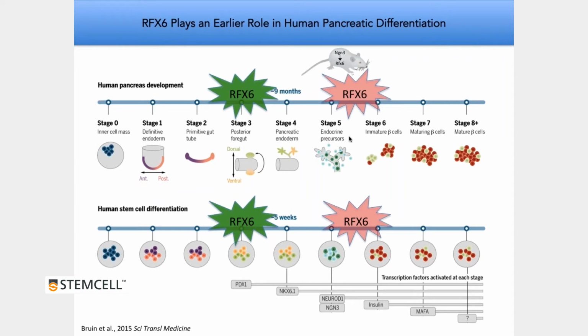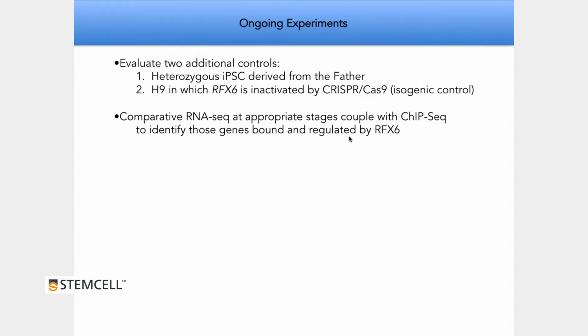We have some additional controls to perform, one of which we have obtained recently, a heterozygous iPS line for this RFX6 mutation from the father of the child that I mentioned earlier. And we're using CRISPR-Cas9, which I'm sure many of you are using out there in the audience, to inactivate RFX6 in H9 cells, and this will provide us with an ideal isogenic control to mitigate any criticism out there that the phenotypes that we have observed are iPS dependent and not due to the genetic lesion in the cells.